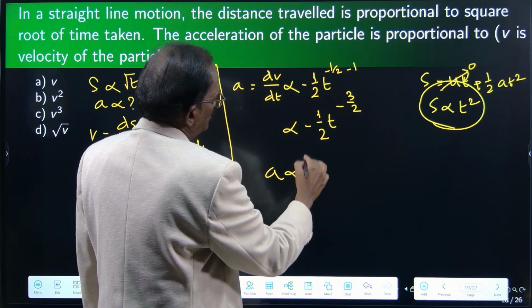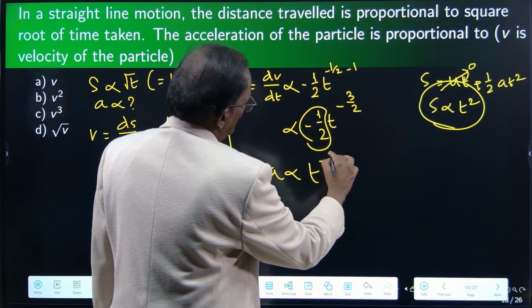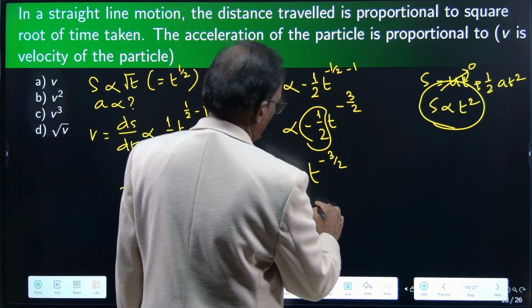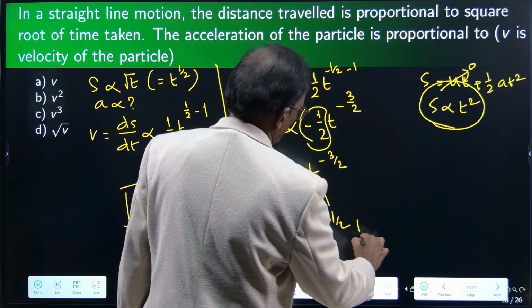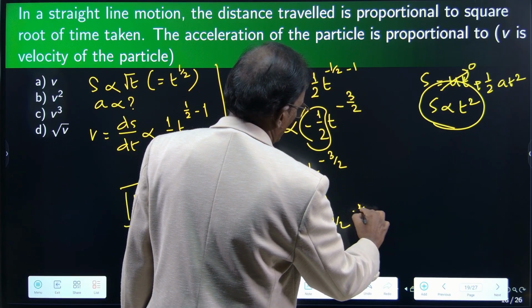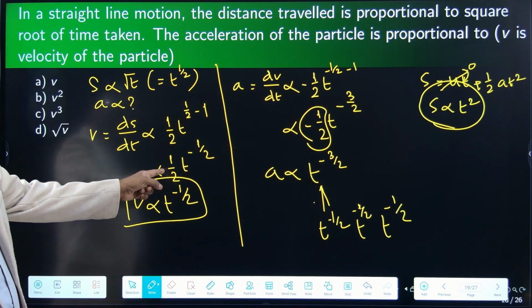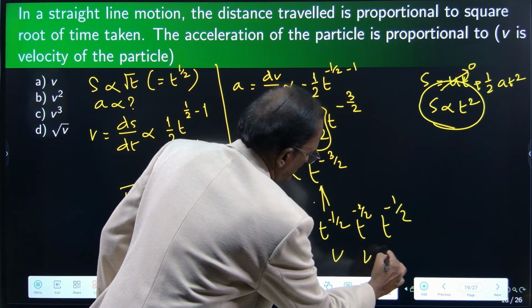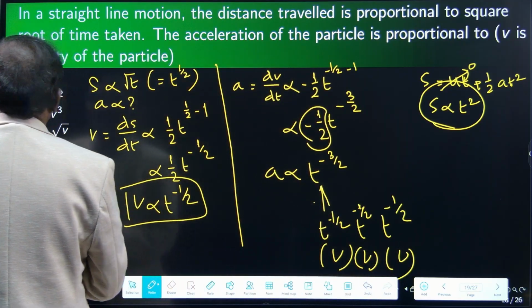So A is proportional to t power minus 3 by 2, where the constant can also be removed. This 3 by 2 can be written as t power minus half, three times. T power minus half is velocity. So the answer is V cube.